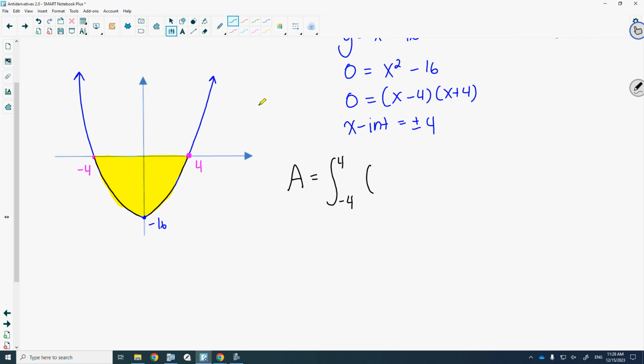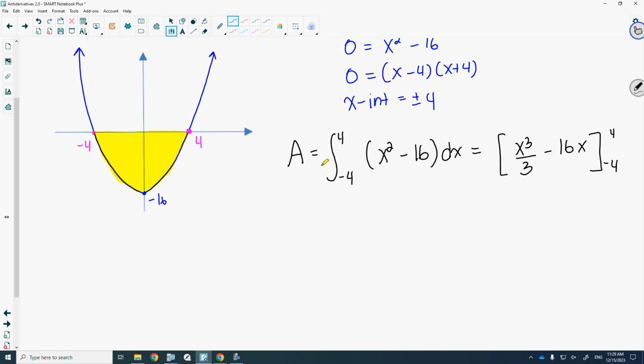The function that we're going to integrate is x squared minus 16. Integrate with respect to x. This will give us x to the 3 over 3 minus 16x, and integrate from negative 4 to 4.